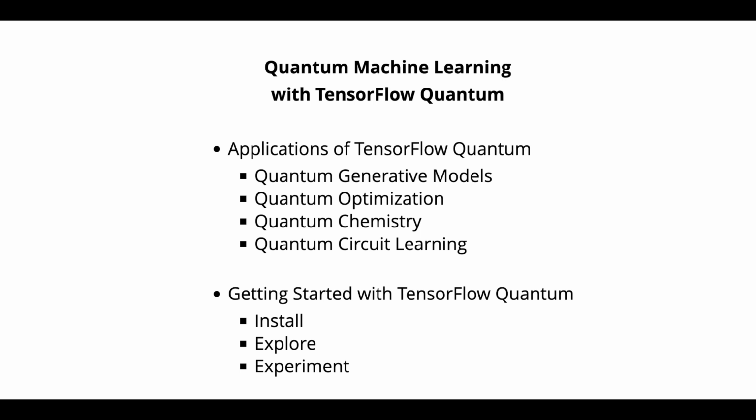The next one is quantum chemistry. It helps you simulate molecular structures and properties using quantum machine learning techniques. The last one is quantum circuit learning, which trains quantum circuits to perform classification, regression, and other machine learning tasks.